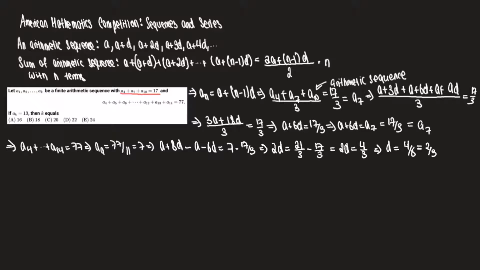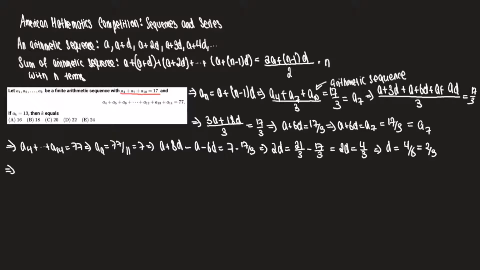Alright, so now we got D, so we can solve for A. Let me erase this. From above we know what A7 and A9 are, so we can solve for A by using one of them.